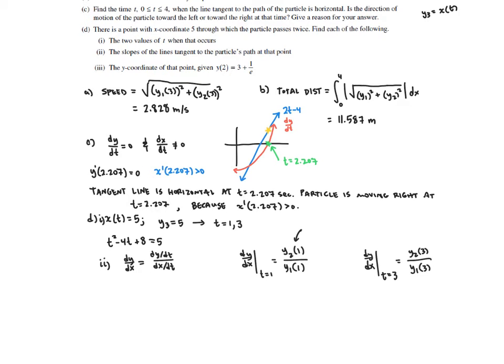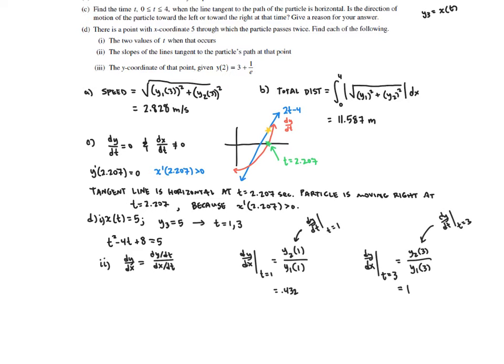Recall that this will be dy/dt at t equals 1, this will be dy/dt at t equals 3, and the same thing for dx/dt in the denominator. So the slope of the tangent line to the particle's path at those points, the first would yield a slope of 0.432, of course using our calculator, and the second would yield a slope of 1.